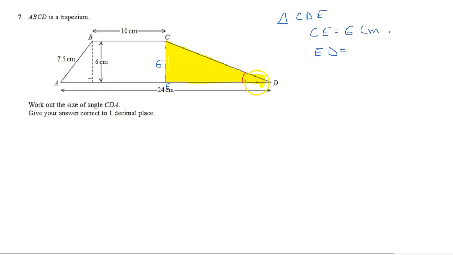So then it will be easy to find this area. Now this is 10. So let's talk about this triangle.